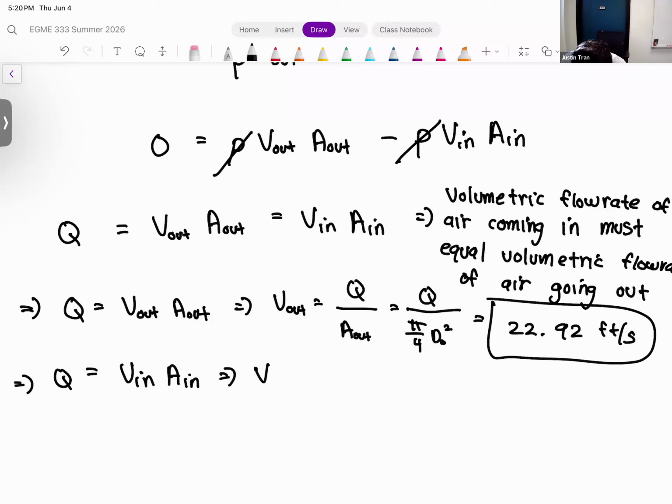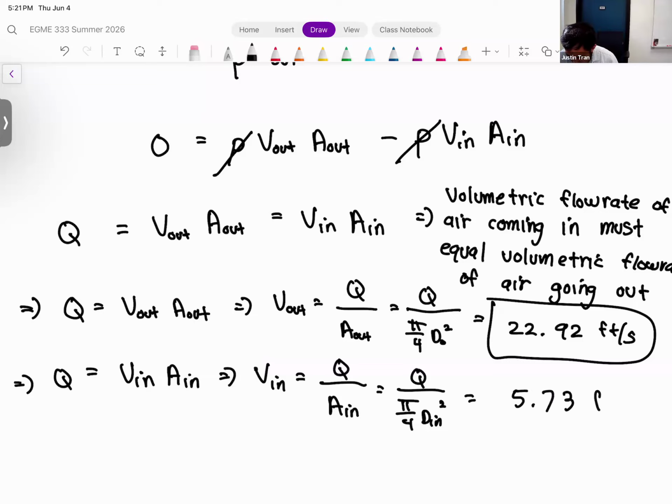Then V in is equal to Q divided by A in, which is Q divided by pi over 4 D in squared. Plugging in for that, we get 5.73 feet per second.